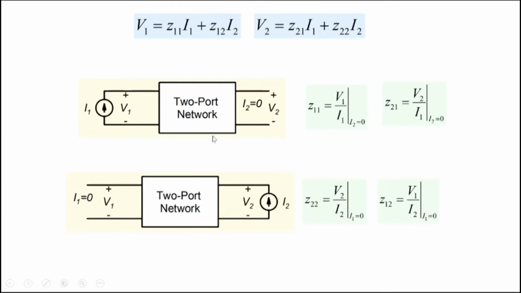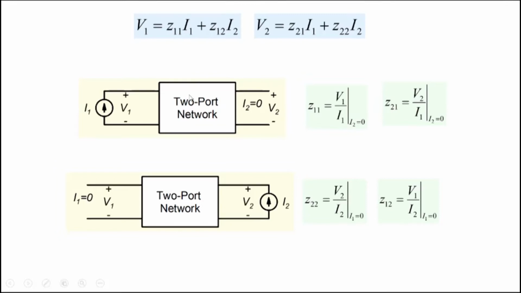So note that what you can do is, given any circuit here, you could open these terminals here, open circuit it, apply a voltage here, then use KCL, KVL, whatever technique that we've already done, analyze it, take these ratios and determine it. Experimentally, what you could do is the same thing: open circuit it here, apply a voltage here, experimentally measure V1 here, experimentally measure V2 here, and therefore you have Z11 and Z21.